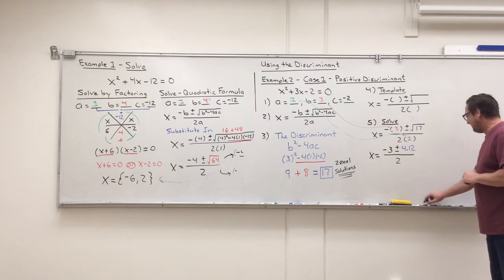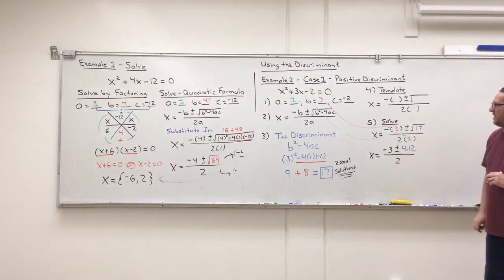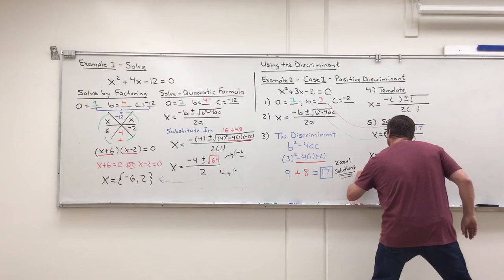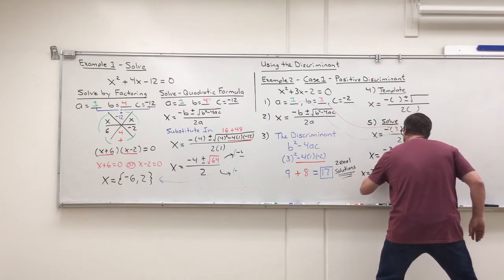And then it's going to be simply 1 with the plus and 1 with the minus. Now I'm running out a little bit of room, so I apologize for that, but let's go ahead and do it right here. We get x equals negative 3 plus 4.12 over 2.